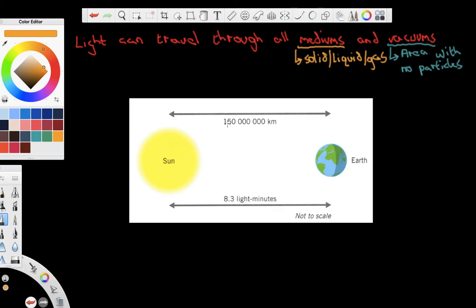Now, the speed of light is about 300,000 kilometers per second, or 300 million meters per second.